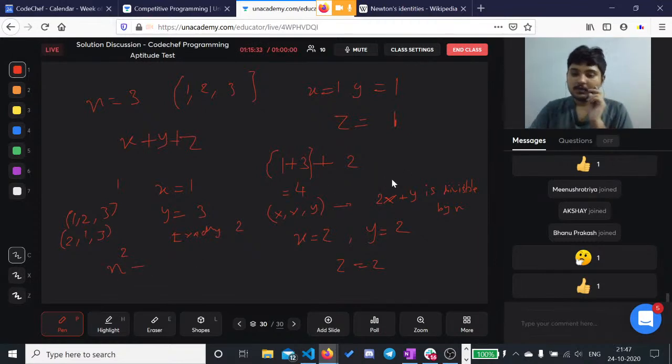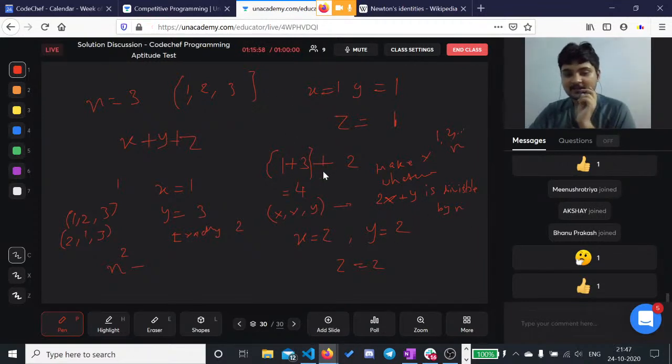So here what I can do, again, make x whatever you want. x can be 1, 2, and so on till n. For each value of x, you have 2x here. There will be exactly one value y amongst these 1 to n that makes 2x plus y divisible by n.